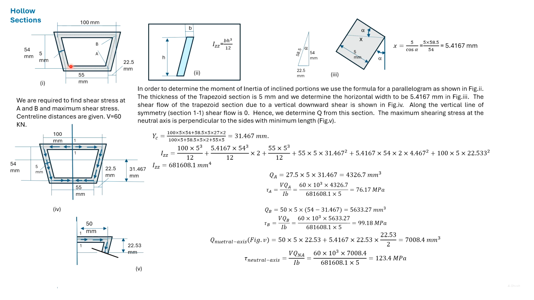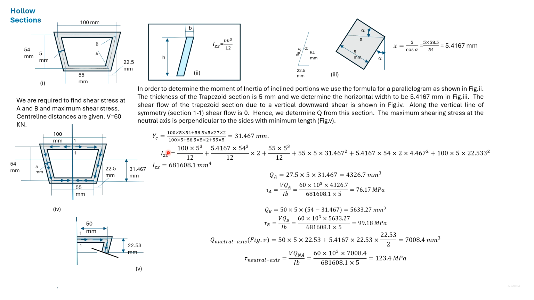We have found the centroidal distance about the bottom center line. The moment of the bottom portion about its center line is 0. So we have found the moment of these three portions and divided it by the total area.